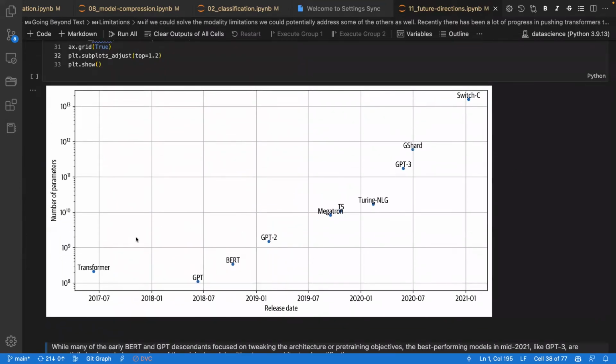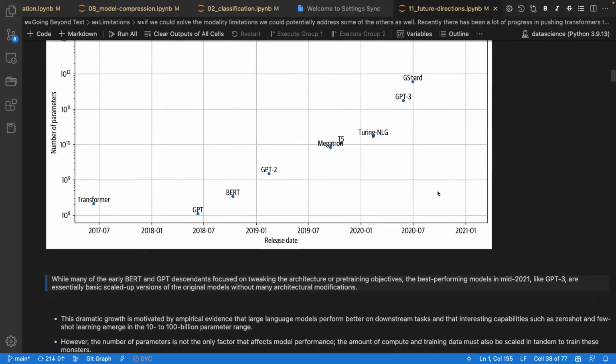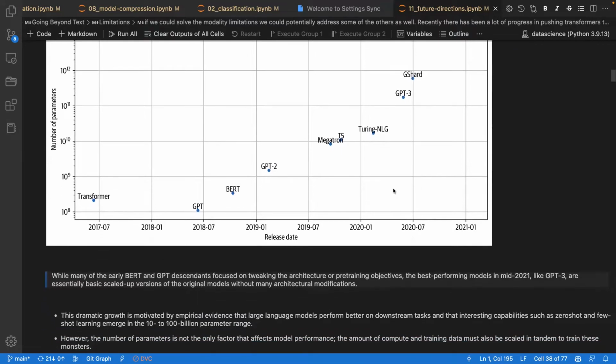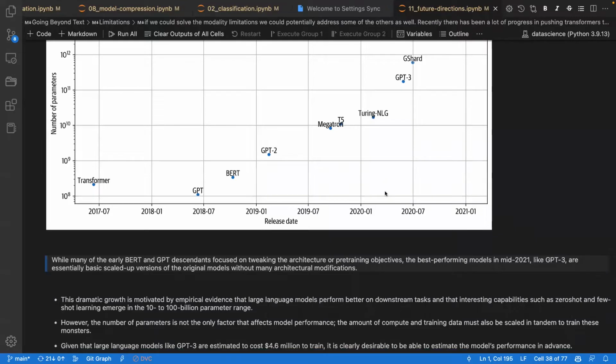The pattern here is that we started with transformers and we keep moving, and the growth they describe is that we are just making larger language models, because we have seen the performance is so good. We are just scaling up versions of the original previous models. So that's what they discuss here.